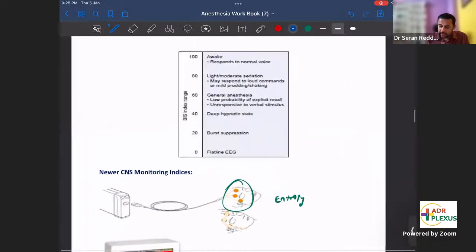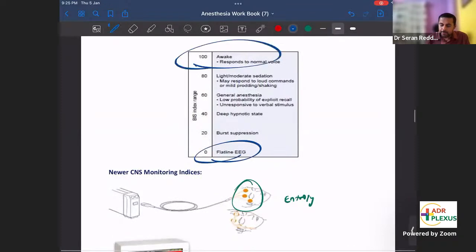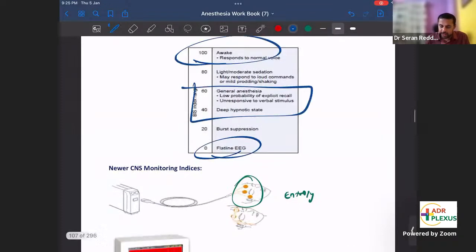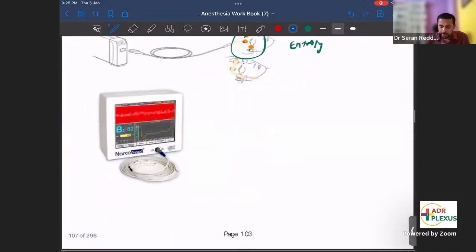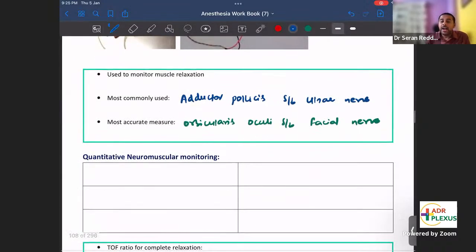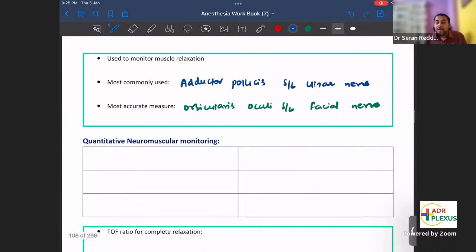So, 0 means flatline EEG, 100 means completely awake, 40 to 60 is adequate for anesthesia. Like the bispectral index has 4 leads, this one with 3 leads is also a way of monitoring, called entropy. That is that. The question asked in 2017: anything which has myography is a way of neuromuscular monitoring.